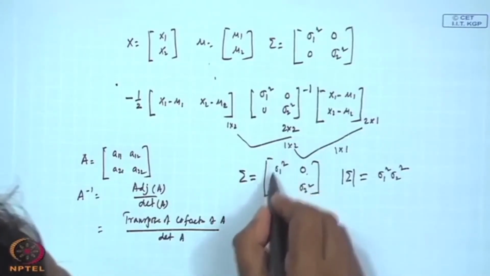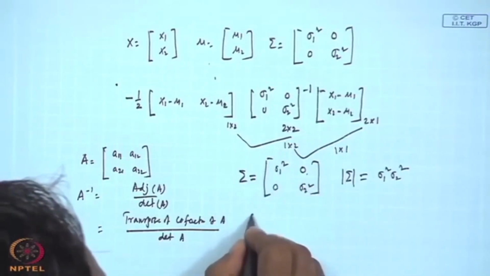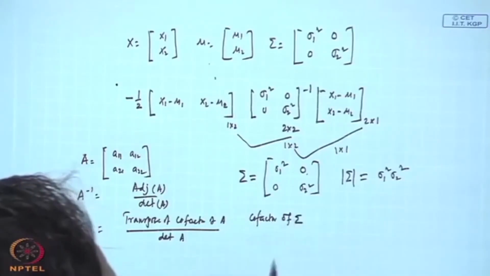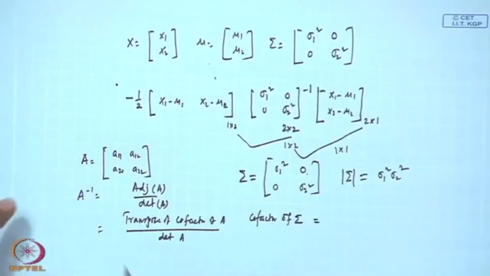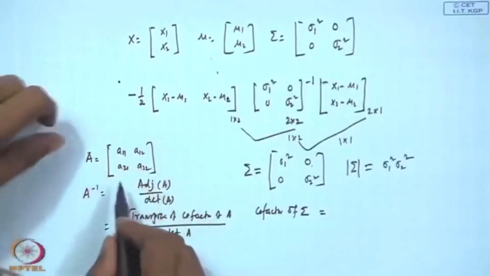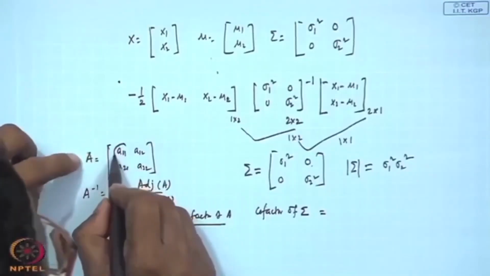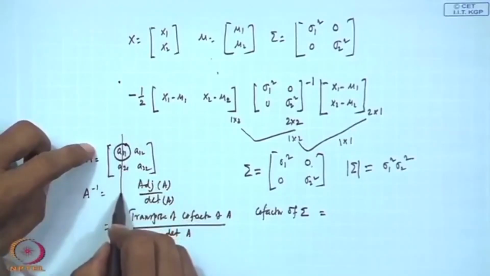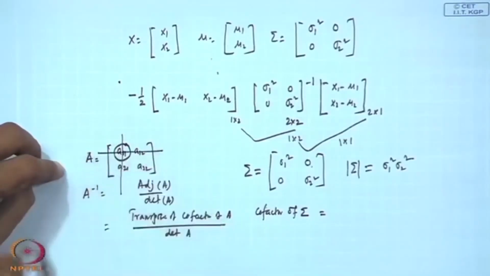Cofactor: suppose I want to know the cofactor of sigma here. In matrix A, if you want to find the cofactor of an element, you have to cross out the corresponding row and column.